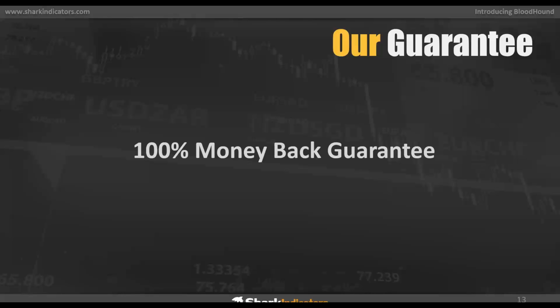Unfortunately, the optimizer doesn't have the ability to work with Bloodhound's dynamic nature. The nature of Bloodhound is you can switch out any indicator at any time, so all your indicators can be changing dynamically.